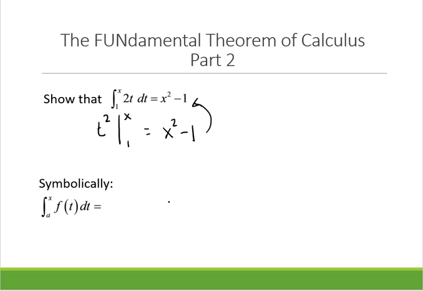So symbolically now, okay, think about that fundamental theorem of calculus, part one, where symbolically we said the antiderivative of small f of t was some big F, okay, and remember you go from x to a.